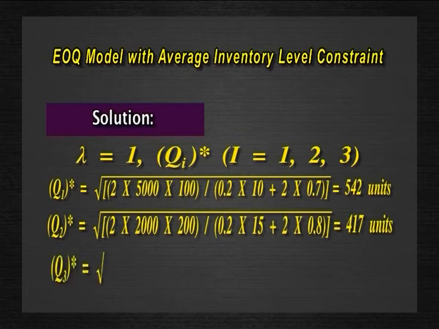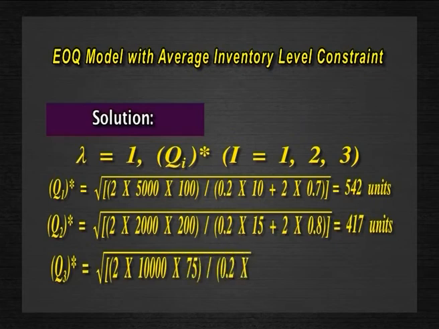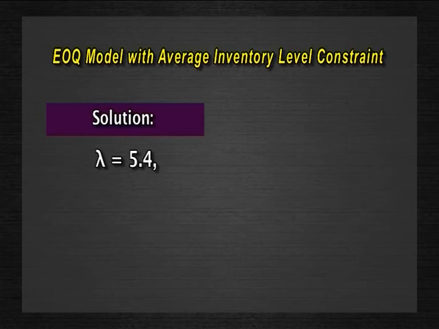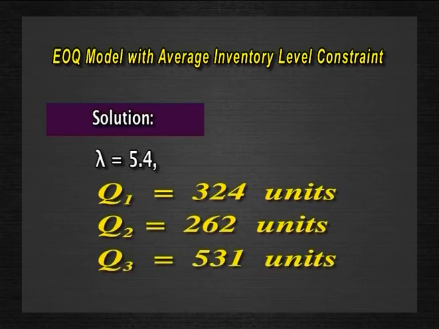Q3 star is equal to square root of 2 into 10,000 into 75 divided by 0.2 into 5 plus 2 into 0.4, equal to 913 units. For lambda equal to 5.4, we get Q1 equal to 324 units, Q2 equal to 262 units and Q3 equal to 531 units.